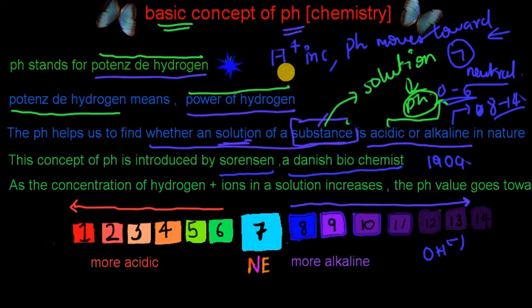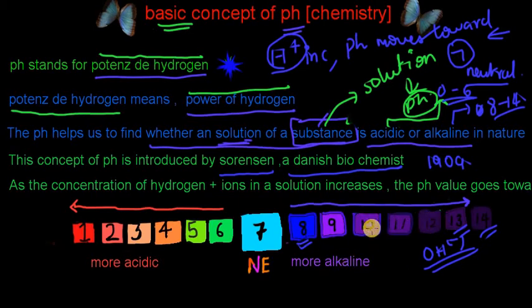The number of hydrogen cations will be really low compared to the hydroxide anions, and that is the reason why they are so alkaline. So they don't move to the left, but they move to the right, because the hydrogen ion content is really low. When the hydrogen ion content increases, they move towards the left. So this will have more hydrogen ion content than the 13 or 14 pH value solutions do.